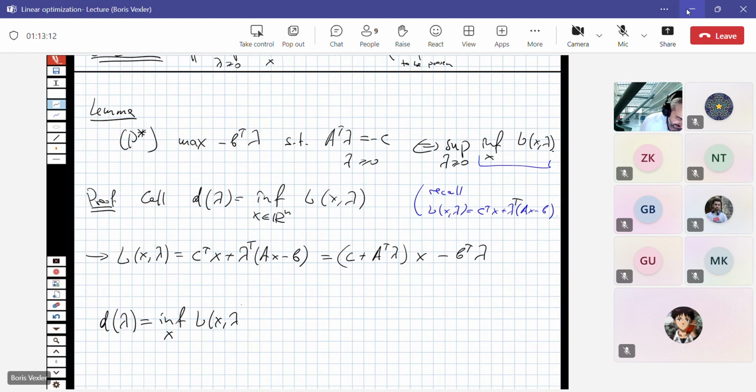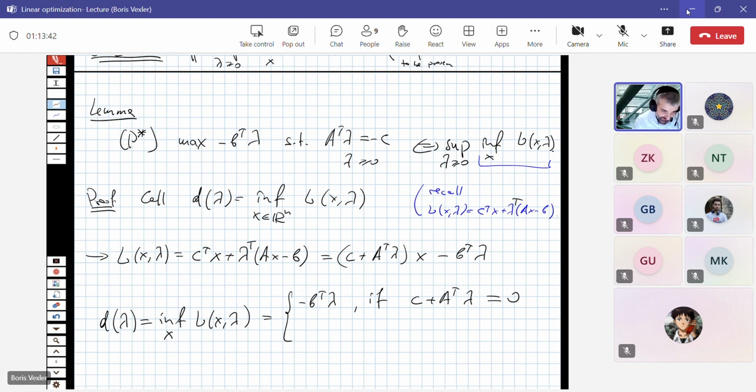Now what happens with our d of lambda, which is the infimum over all x of this thing? Now it's clear. If c plus A transpose lambda is equal to 0, then this term does not depend on x, it's just equal to minus b transpose lambda, and therefore if we take the infimum, what comes out is minus b transpose lambda.